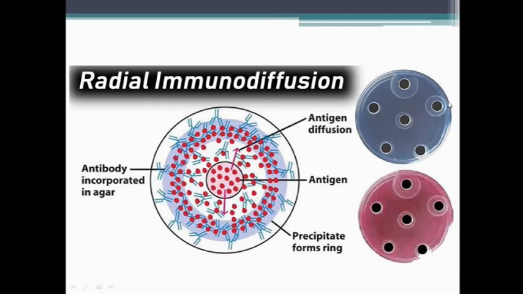After that, the solution that contains antigen is filled in the well, and after 24 to 72 hours we can see the extra ring. In this area the antigen and antibodies have reacted, or the antigen antibody has precipitated. By the thickening, or by the diameter of this radius, we can measure the amount of antigen.